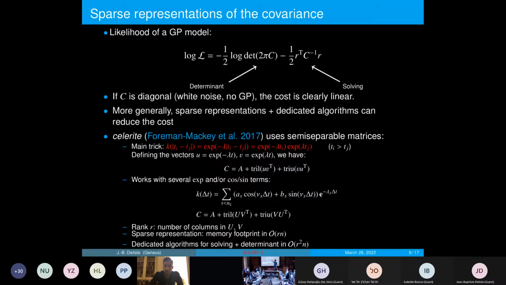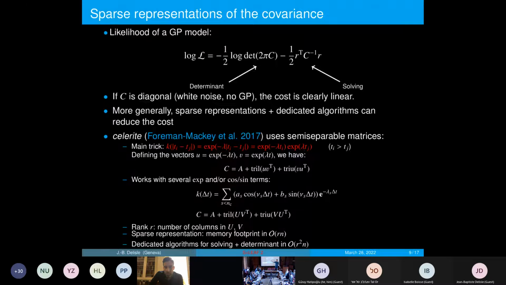When you do that, you can define a vector u that is the negative exponential, a vector v that is the positive exponential, and you can reconstruct the full covariance matrix with just the diagonal parts, and on the lower triangular part, just the product uv, and the upper triangular part is also the product vu.